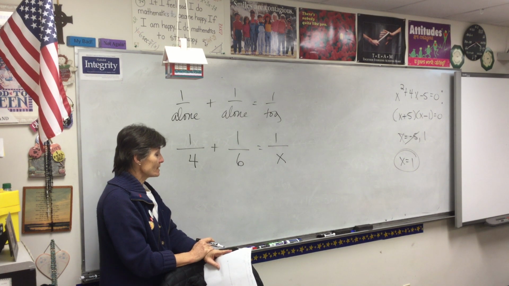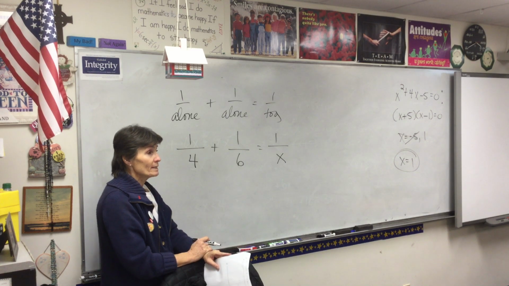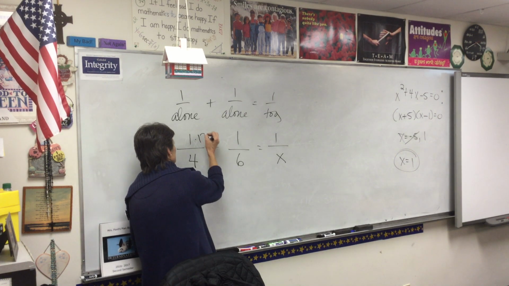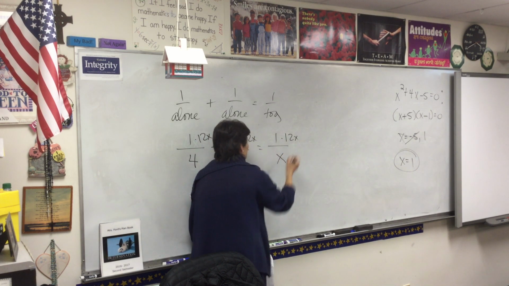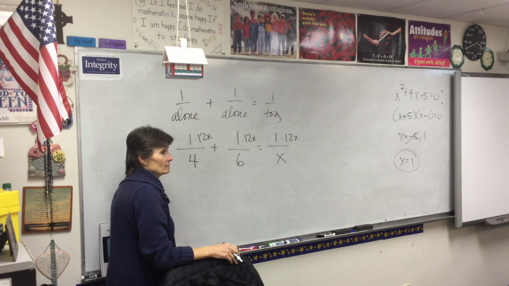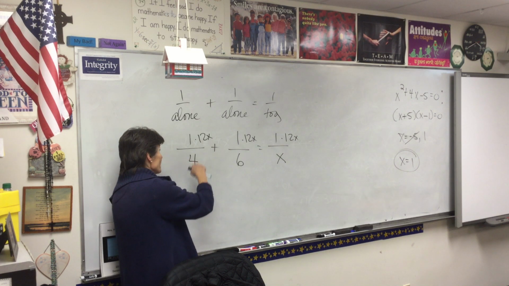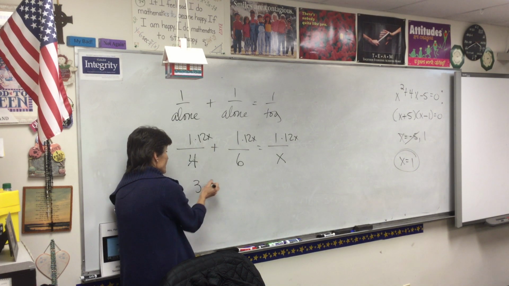I need to solve this. So we got all those denominators. What would be a number we can multiply by? Lots of options. 12x would work. There are others. Just pick a number that when you multiply, you can cancel. The 4 will cancel and leave me with 3x.